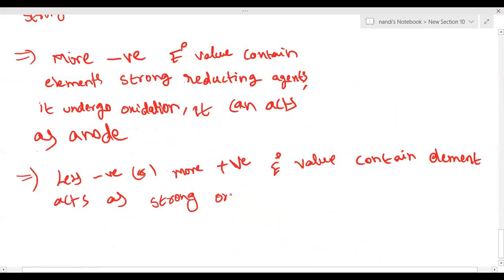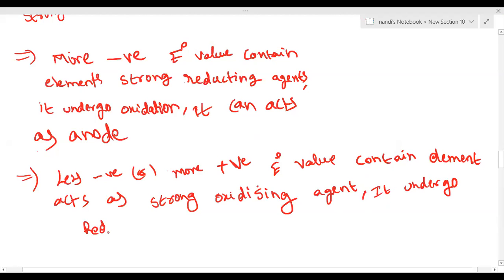Strong oxidizing agent. Oxidizing agent. Understood? Next, it undergo oxidation or reduction. It undergo exactly opposite. Reduction.